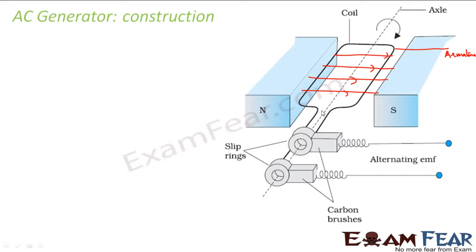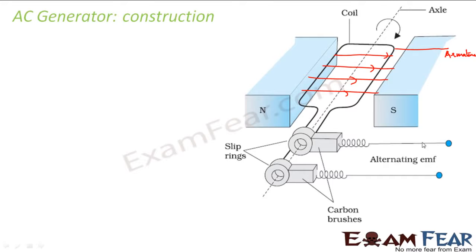Now this coil is connected to slip rings. These are the two rings which are called slip rings, and attached to them are carbon brushes. This is how it is arranged: you have a rectangular coil, and towards its handle there is a pair of slip rings which are in turn attached to carbon brushes.